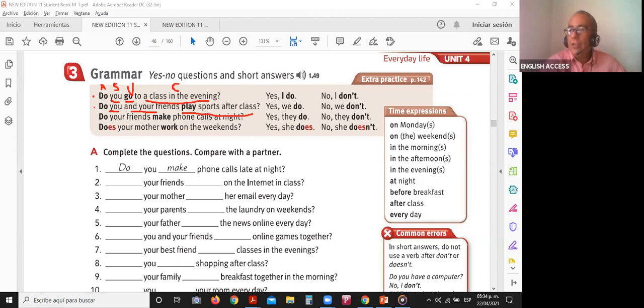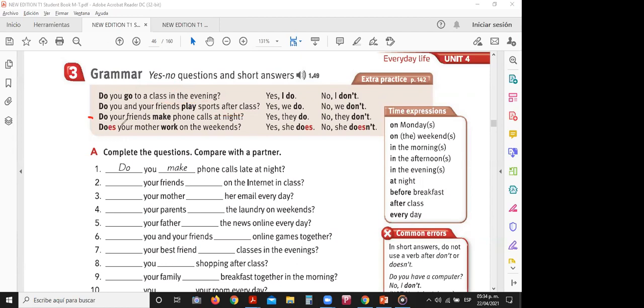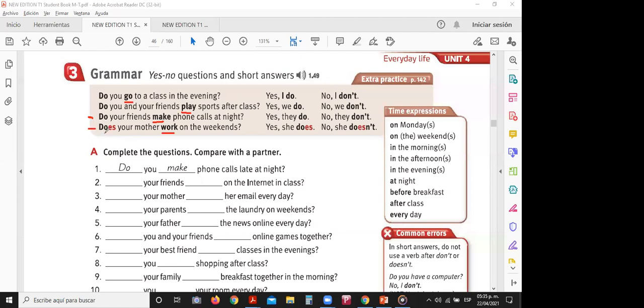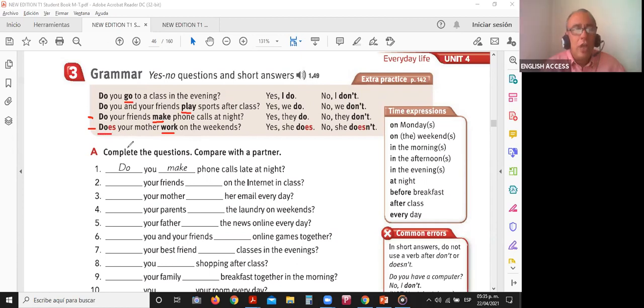Let's read number 3. Carolina, can you read number 3? Do your friends make phone calls at night? Very good. You see the verb in bold letters. The verb doesn't change. Antonio, can you read number 4? Does your mother work on the weekends? Exactly. When we use does, the verb doesn't change.